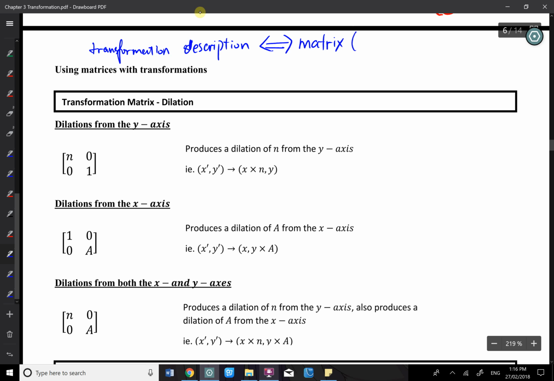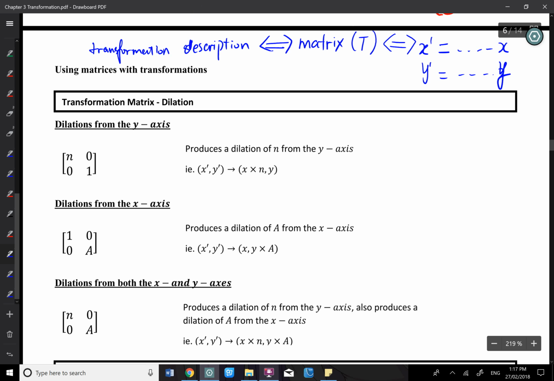This matrix we call T, the transformation matrix, and that is equivalent to x dash equals some x, and y dash equals some y. Those three things are exactly the same.